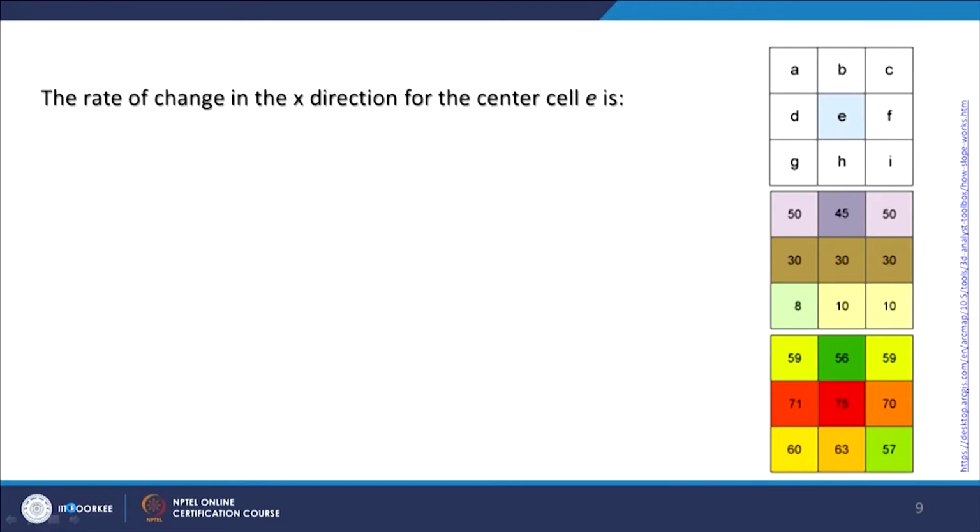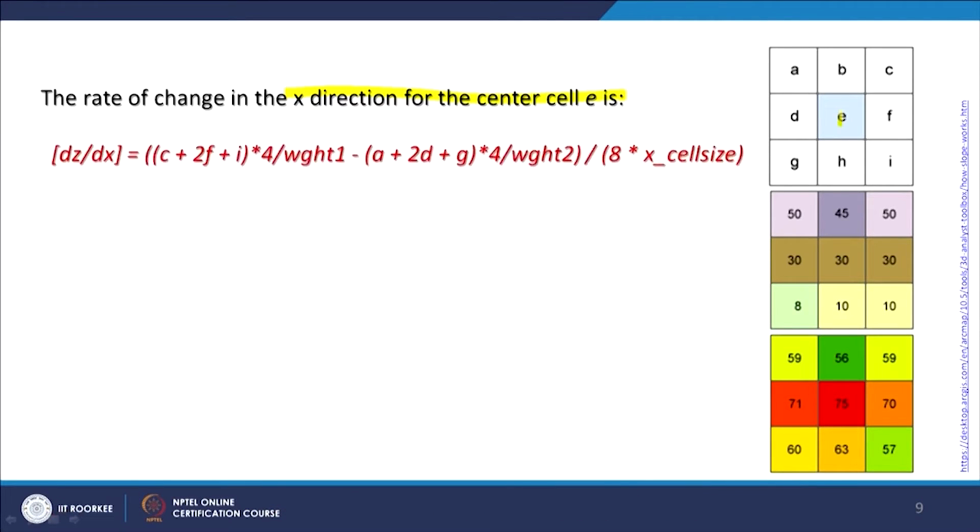Now this rate of change in the x direction for the center cell E, we can also observe in this example. This is my kernel, the top one, this is my input digital elevation model, and this is my output.